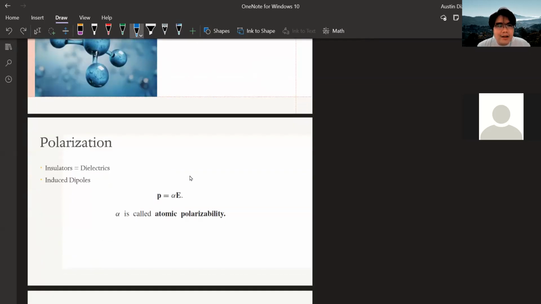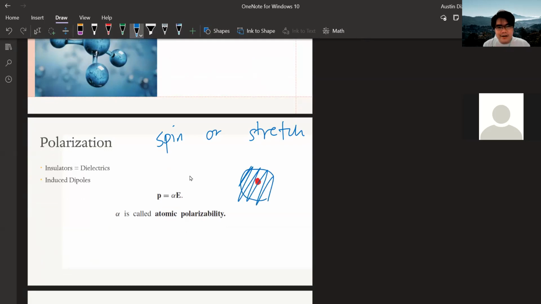So whenever an electric field interacts with matter, your molecules can either spin or stretch. Okay. So suppose you have some molecule with a positive nucleus and a spherical electron cloud.